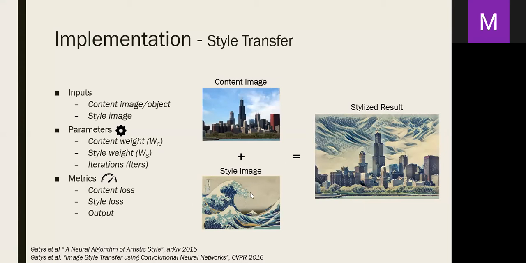In this case, our style image is the famous Great Wave off Kanagawa, and we're applying it to a cityscape. And then we hope to achieve the stylized result as depicted here.